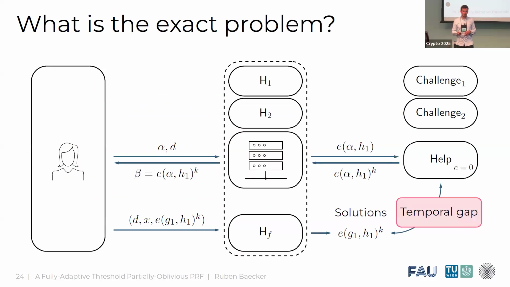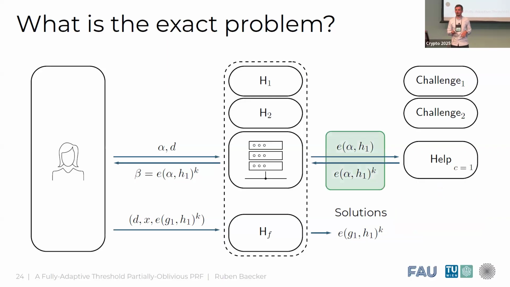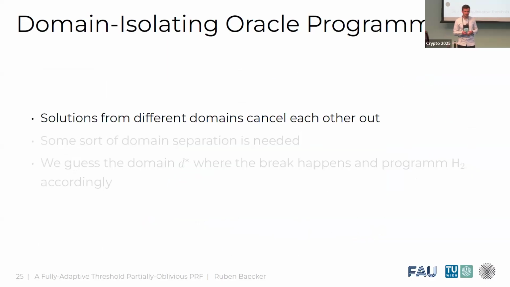Looking back to the problem, there's also another option. One option was to extract solutions earlier, and the other option is to avoid help oracle calls altogether, which are unnecessary for the proof. That is what we do with our new proof technique, which we call domain isolating oracle programming. As we have seen, solutions from different domains cancel each other out.